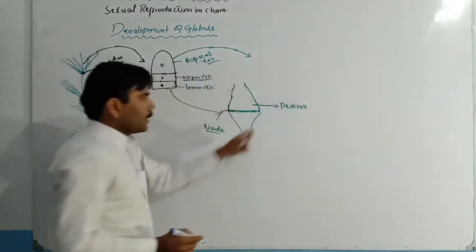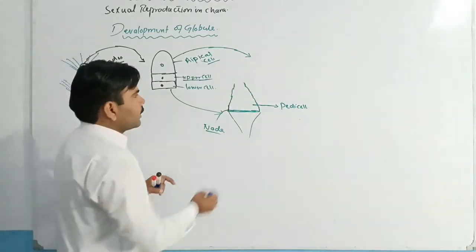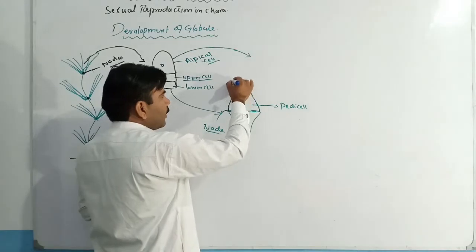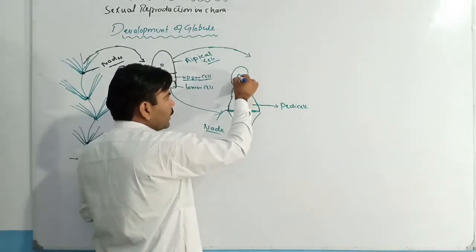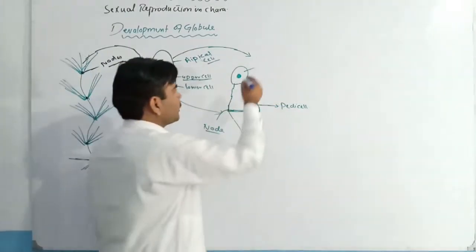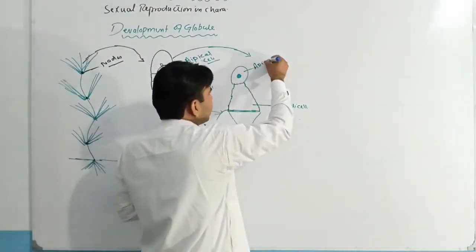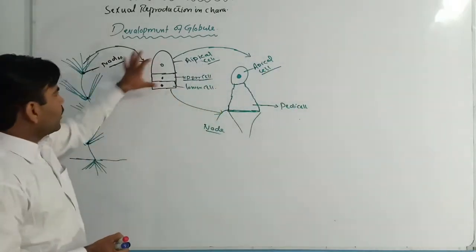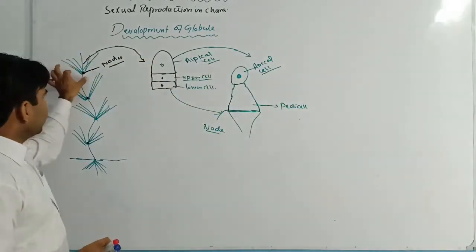It will form the pedicel, and this is a pedicel. But here this apical cell is still present undivided. It means the apical cells are present at the node.